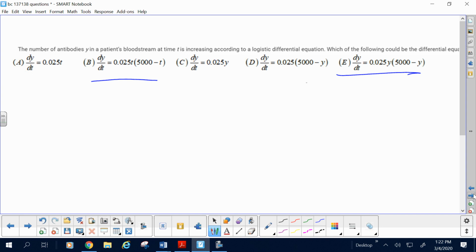Okay, that's exponential growth. This is linear, that's parabolic. That's Newton's law of cooling. All right, so which is it? B or E? E, it has to have the dependent variable in there, which is y. It is E.